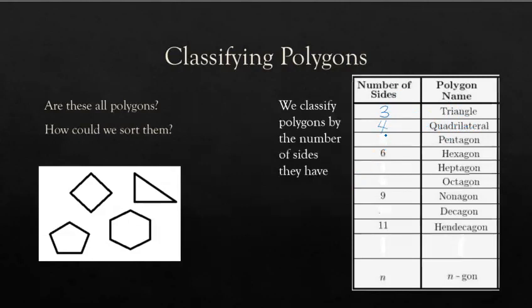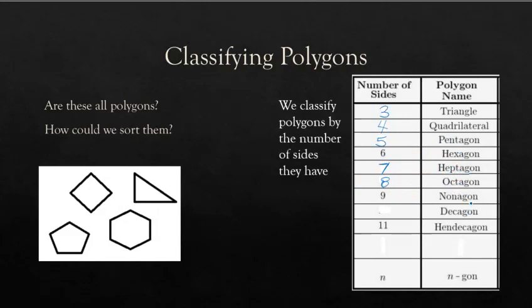A pentagon has 5 sides. A hexagon is what we call a shape with 6 sides. If it has 7 sides, we call it a heptagon. So that might be a new word for you. Hexagon and heptagon. 8 sides, like a stop sign, is an octagon.